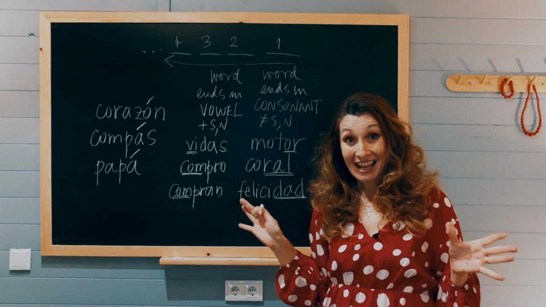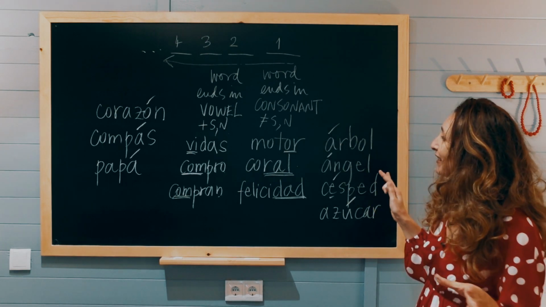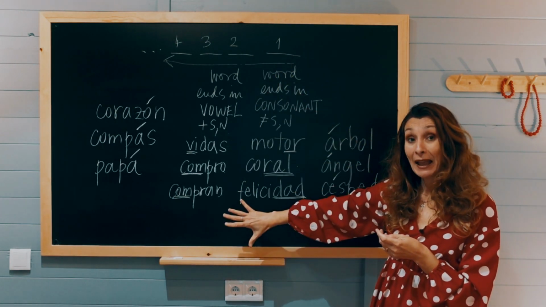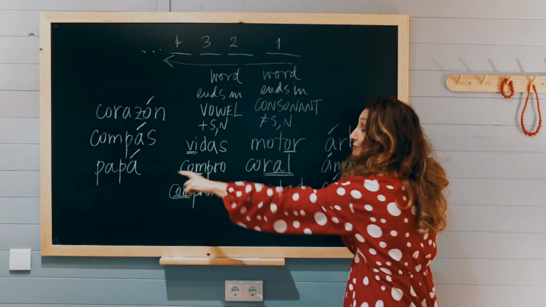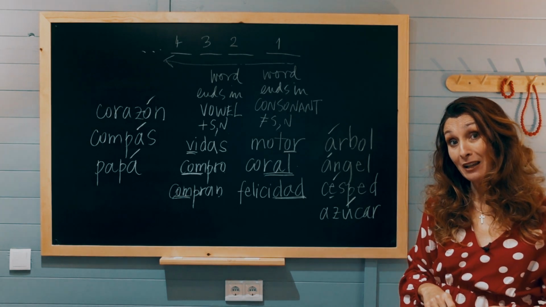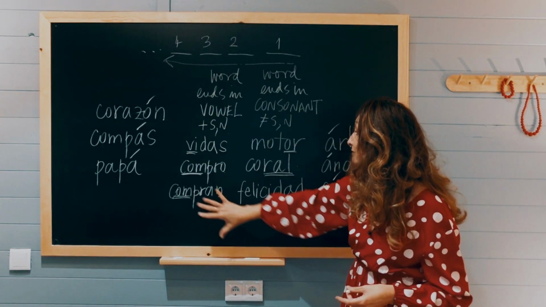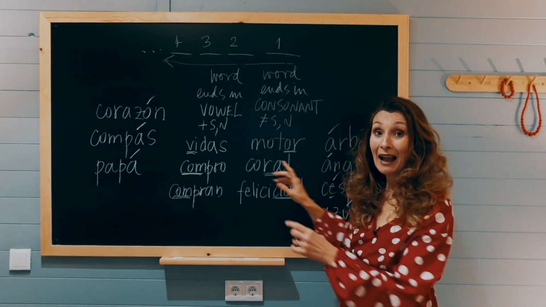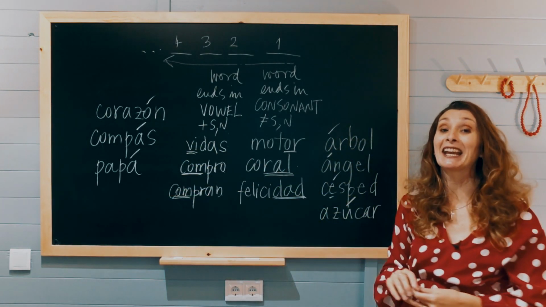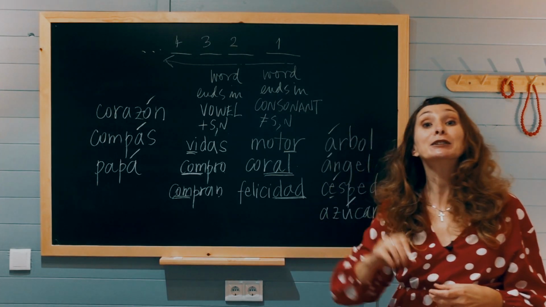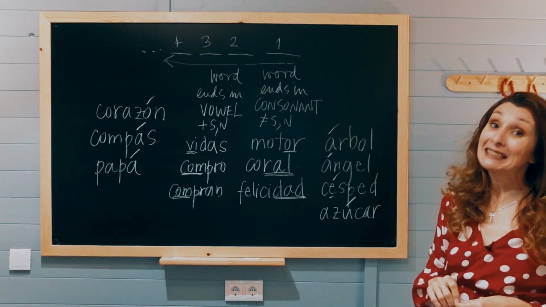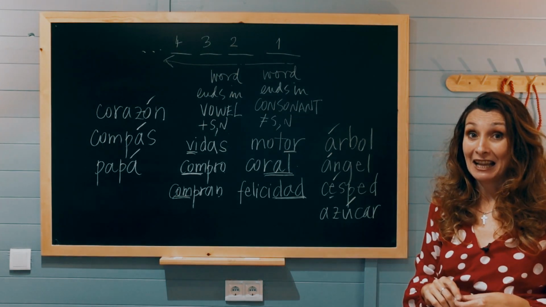Now you understand where the accent should be, and if it's not, you know you have to put the tilde. So the rule is here, and any deviation from the rule, either to the left or to the right, has to be signaled, indicated with the tilde, with the graphic accent.